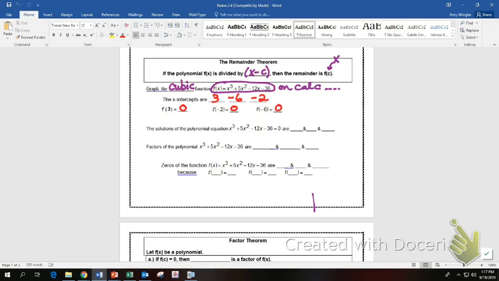Remember, function notation, as you see it written right here, is the same as having a point with an x value of 3 and a y value of 0, or an x value of -2 and a y value of 0, or having an x value of -6 and a y value of 0.